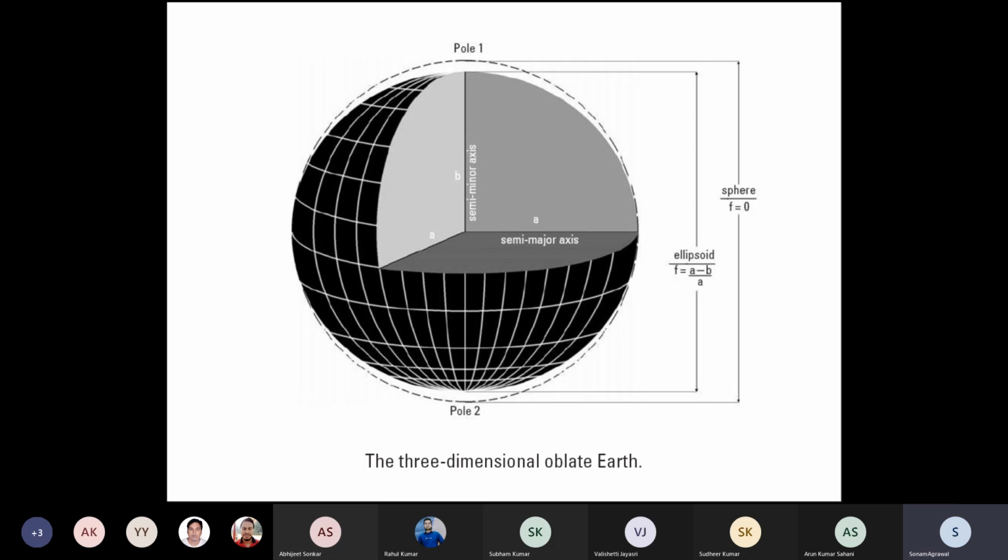So up to several decimal places it is coming. Therefore, it sometimes creates error while doing the calculation or conveying this information. Therefore, in order to minimize such type of error, the inverse flattening term is used. So inverse flattening is nothing but 1 upon F. F is 1 upon 295, so inverse flattening is 295.